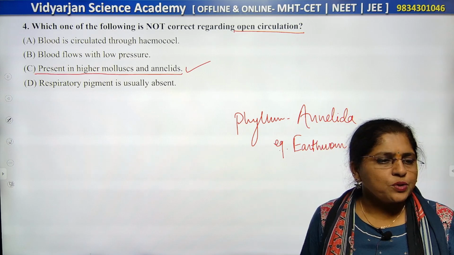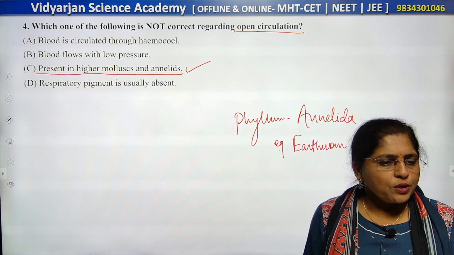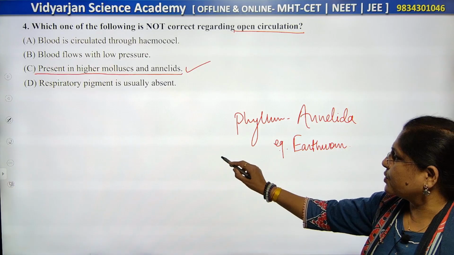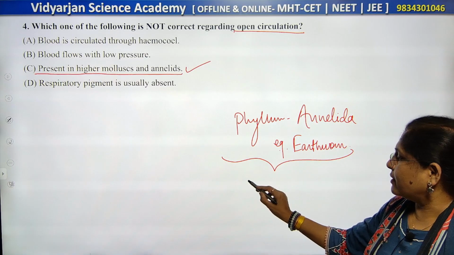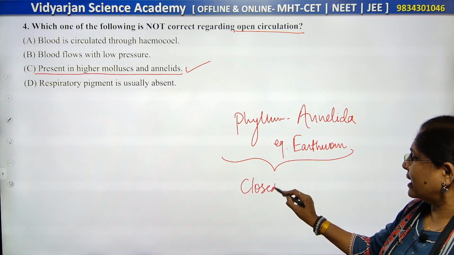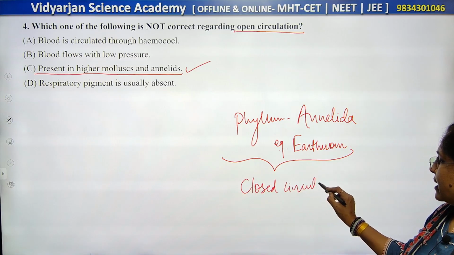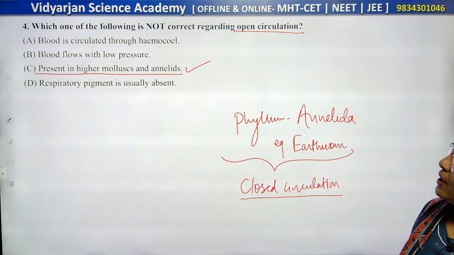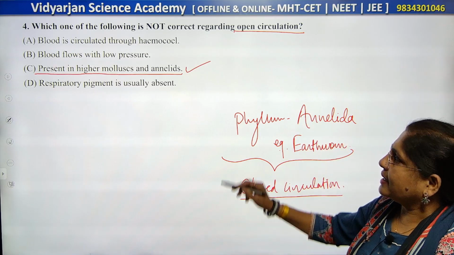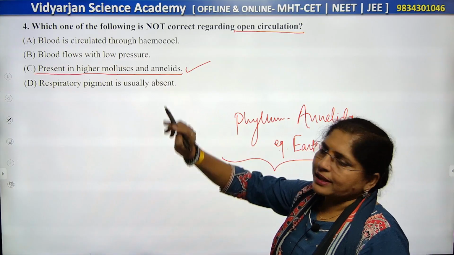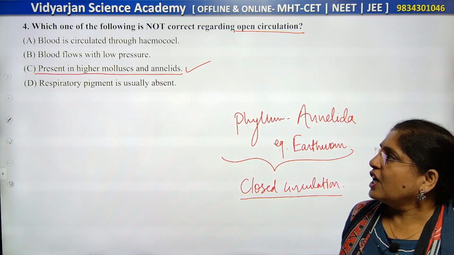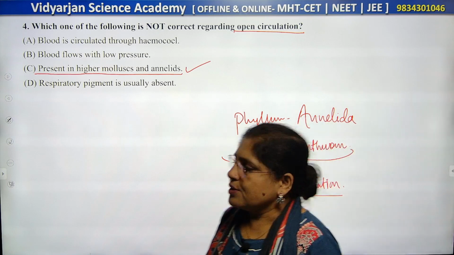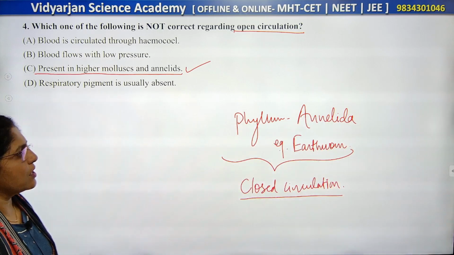If you dissect the earthworm body, you will be surprised, because though it is a non-chordate, it will give you closed circulation. Got it? Which circulation are you getting here? Closed circulation, because they have a closed circulatory system, and that is why this is not correct. This is the right answer: present in higher molluscans and annelida. So C is the correct answer.